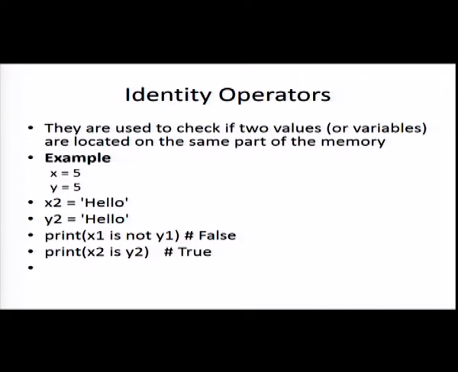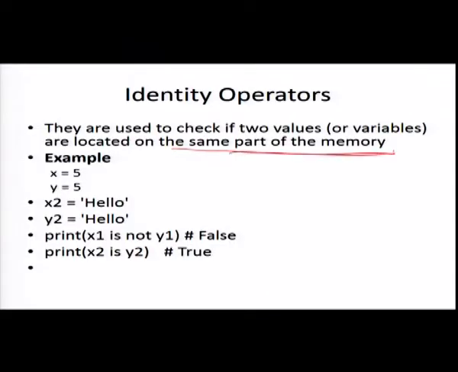Identity operators are used to check if two values or variables are located on the same part of the memory. My dear viewers, the difference between the membership operator and the identity operator is that it will check whether it is located on the same part of the memory.